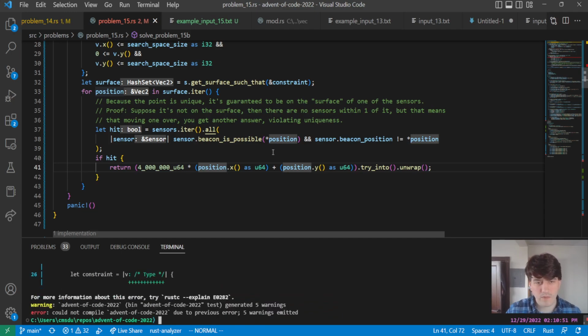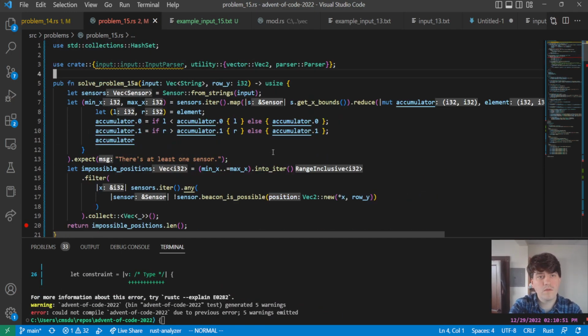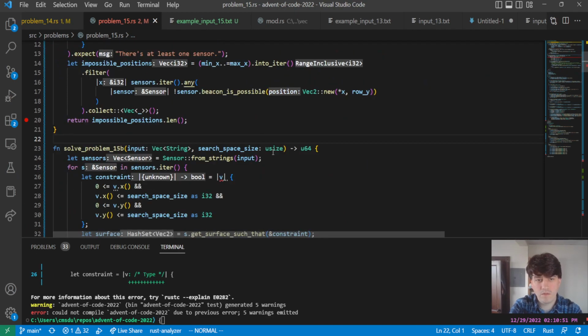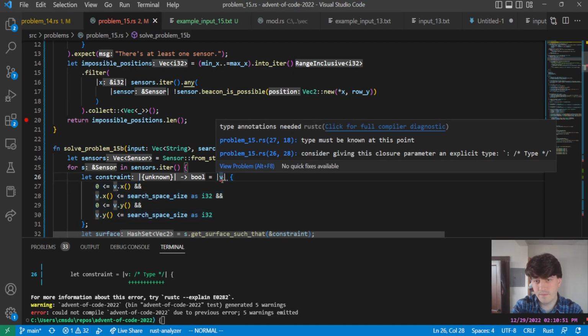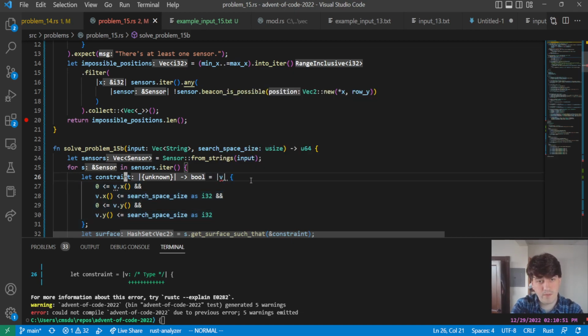See if we do any better with this. Whoops. Constraint type needs to be known at this point. What if I just say here that this is a vec2?